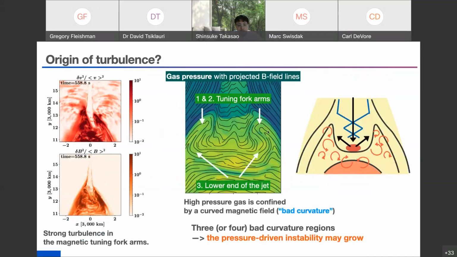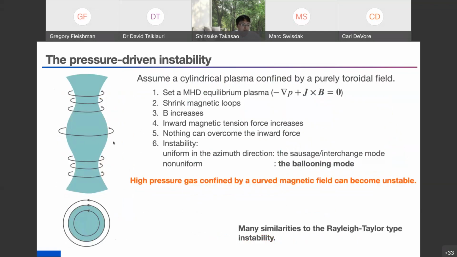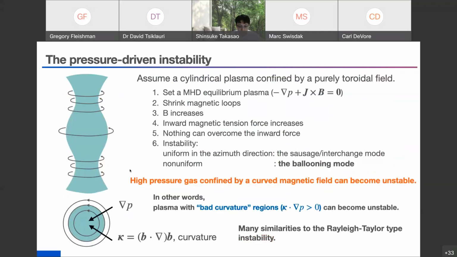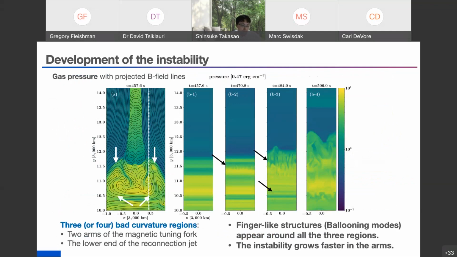The high gas pressure region is confined by the curved field. And if we take the slice in this region and look at the time evolution, we do see the development of the finger-like structures in these 2 regions.